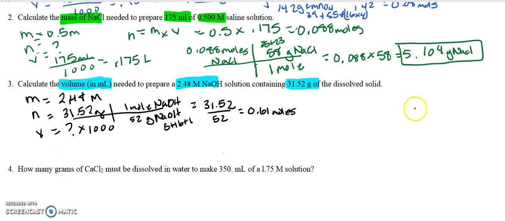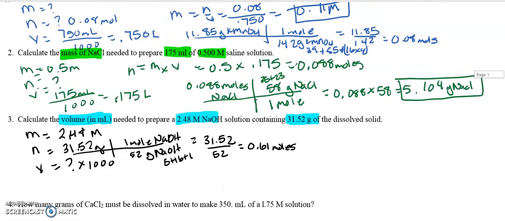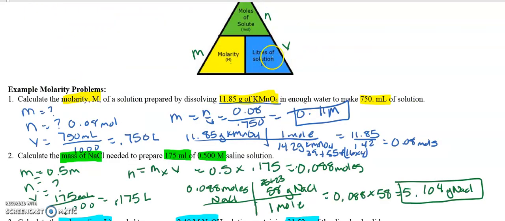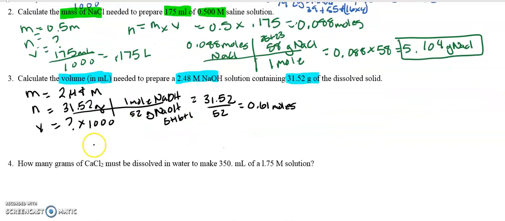I'm still looking for V, so I go back up and look at my triangle here. I cover this up. I get n over M, so V is n over M. So moles over molarity, so 0.61 over the molarity of 2.48.